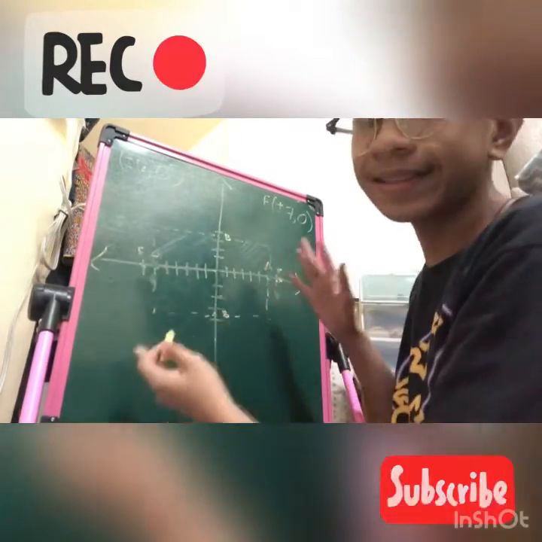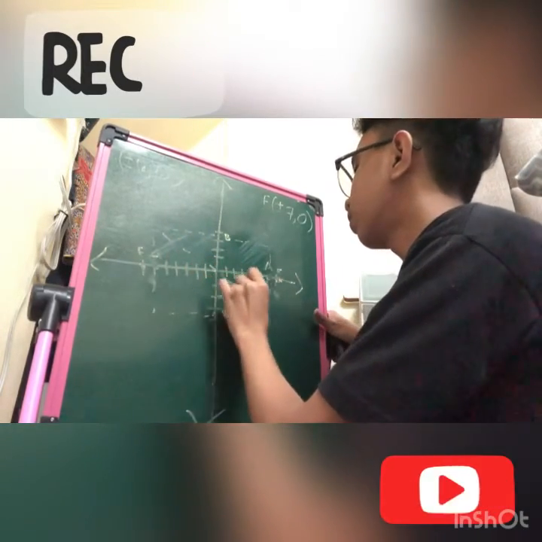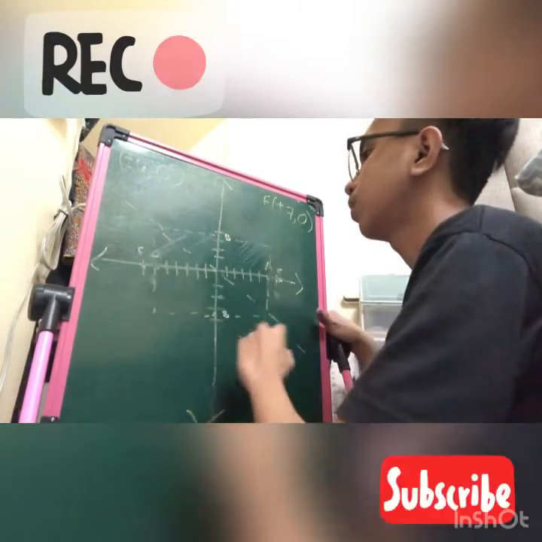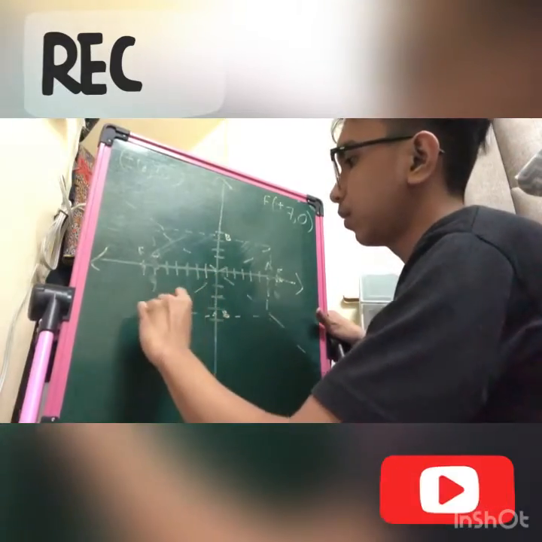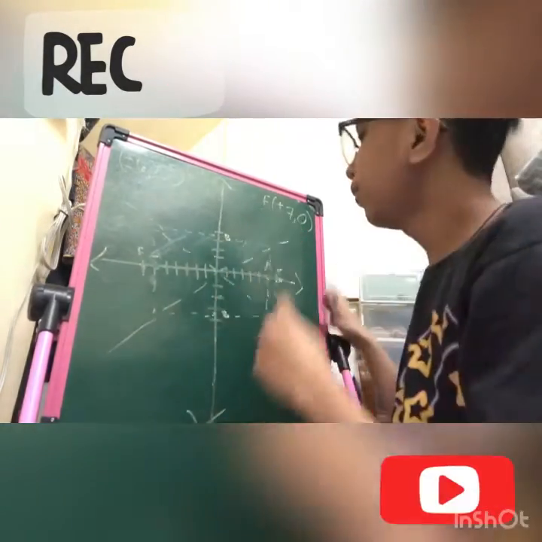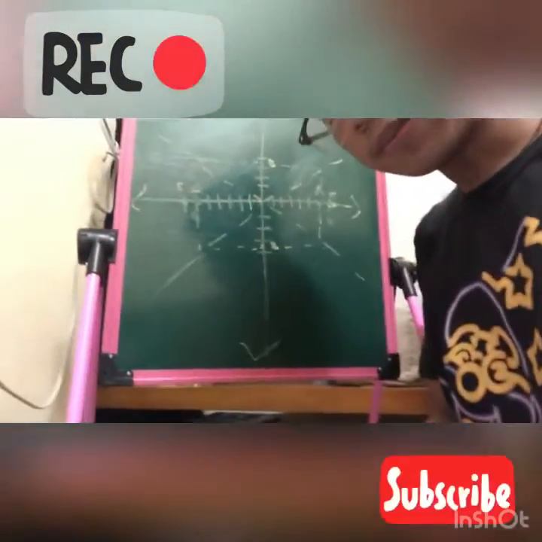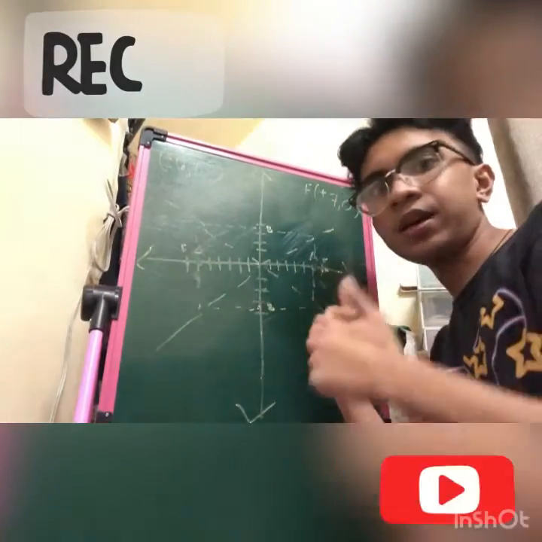Now we have the rectangle. It passes through the center, crossing a little bit. So, cross naman. Now we have the asymptote. So, I don't know if it's visible or what. Now we have the asymptote.